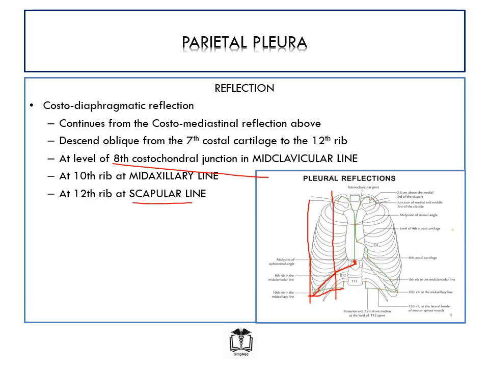So each of these are very important points. They are points that they can ask you in your MCQ or essay questions: the particular position or site of the costal diaphragmatic reflection as it passes through the seventh costal cartilage, the eighth costal cartilage, the 10th rib, and then the 12th rib.